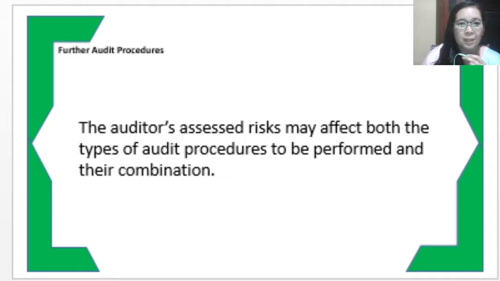The auditor's risk may also affect both the types of audit procedures to be performed as well as the combination, as shown in our previous video lecture in the table, which summarizes the level of control risk assessed and the detection risk that the auditor is willing to accept, as well as the response: either to perform test of control or substantive procedure or a combination of both.